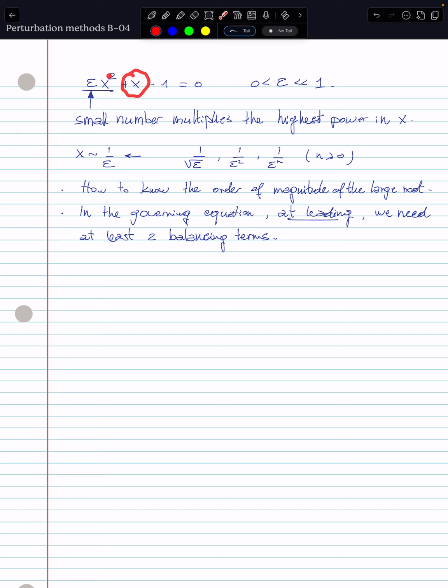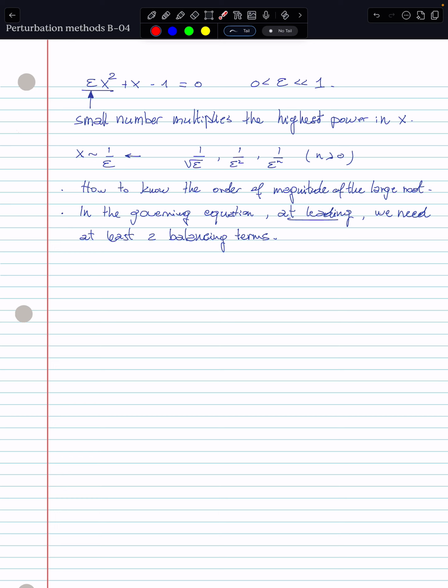So if this one is large and the other two guys are small, when you will rewrite the governing equation at each order, you will end up with one term being equal to 0. And because we're dealing with polynomials here, one term is equal to 0 means that x itself is equal to 0. And if it's equal to 0, it's not a solution that we are interested in.